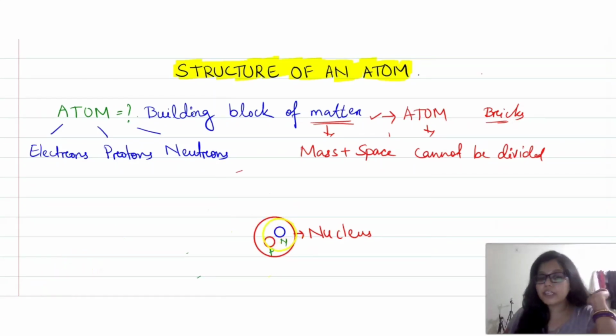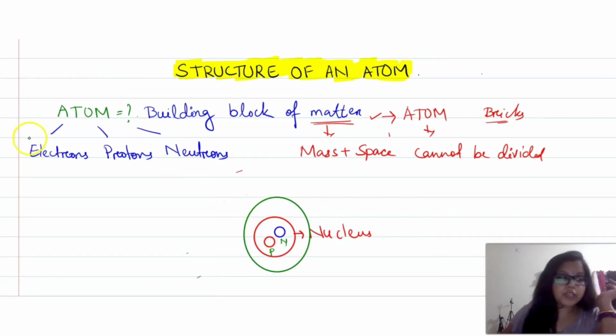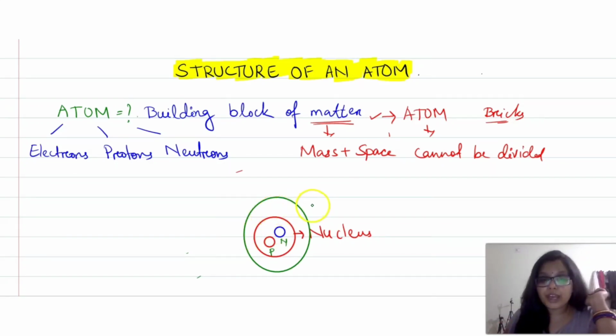So this is our nucleus, and we have several orbits around it. For example, in this figure, the green ring-like thing is your orbit. This is also known as a shell, and also as an energy level.